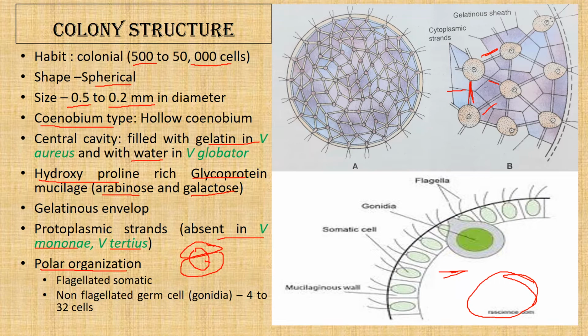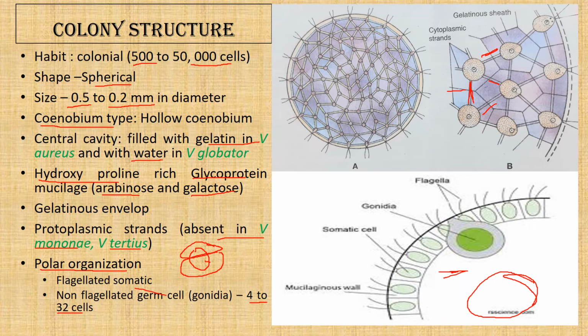These non-flagellated cells under normal conditions are just like somatic cells, but when the growth condition is sufficient, they convert themselves to gonidia, mainly 4 to 32 cells in the posterior side of the colony.